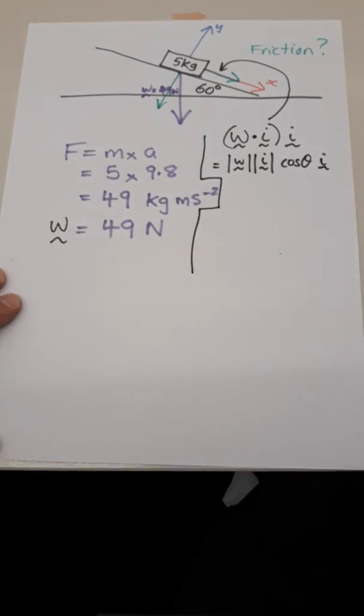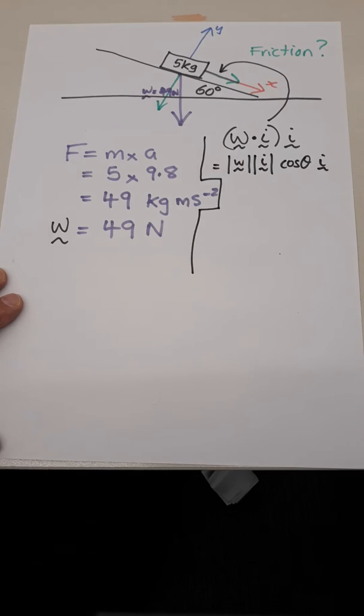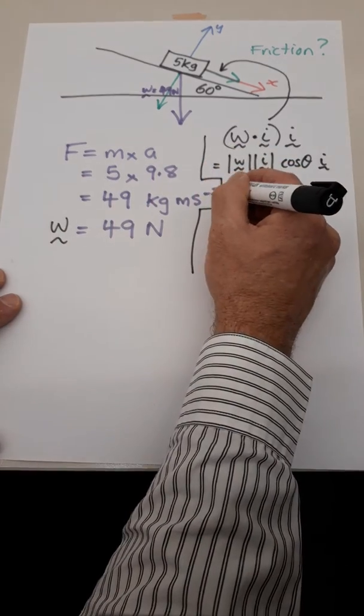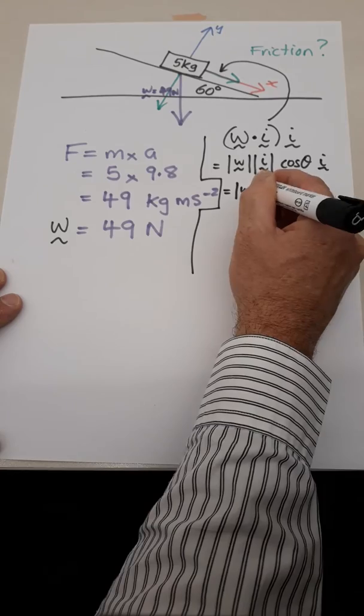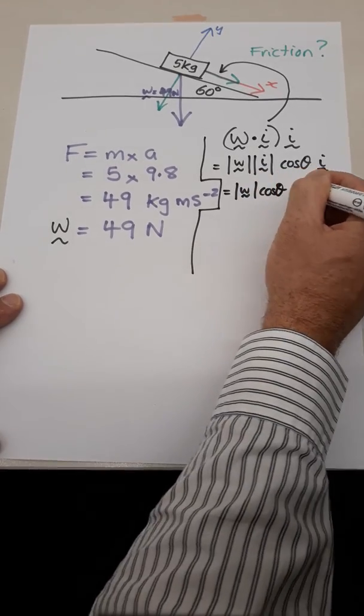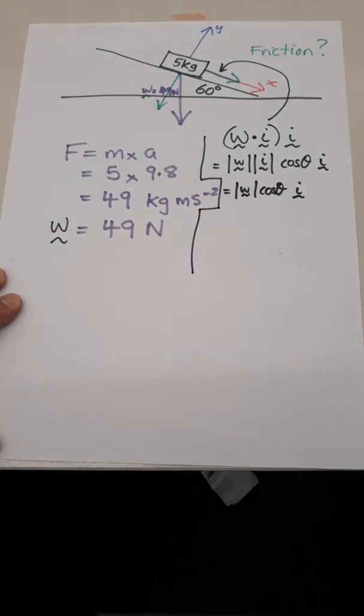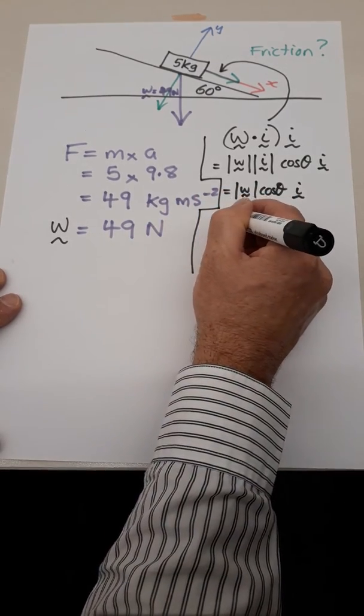How big is i? That's right, it's a unit vector. It's 1 unit. So this is actually the size of W cos theta in the x direction, which is why I've got the unit vector i. The size of W is 49 newtons.